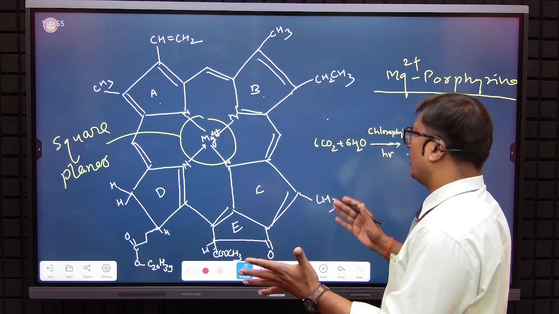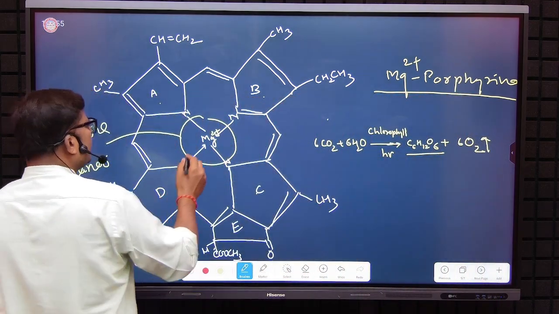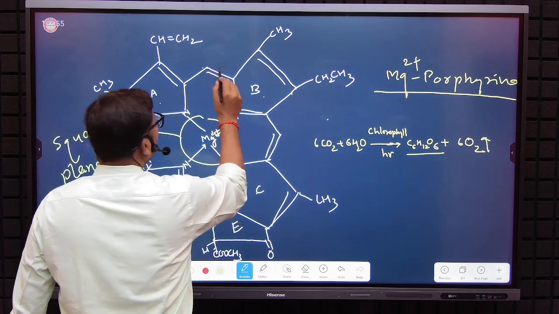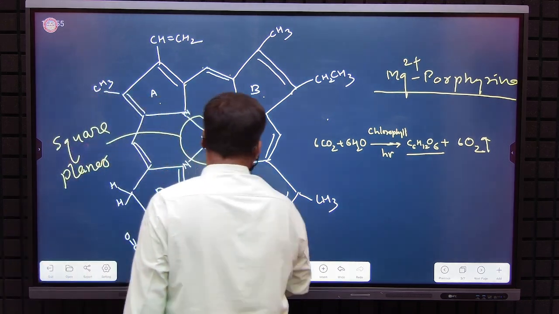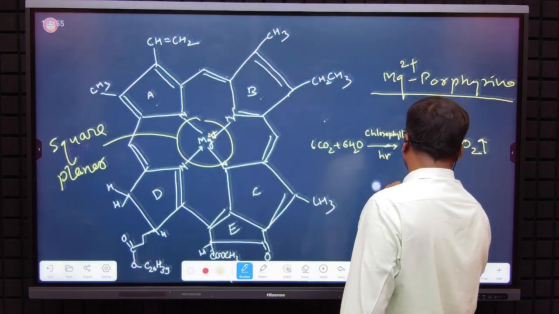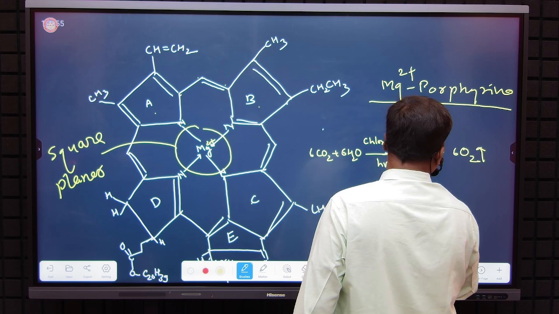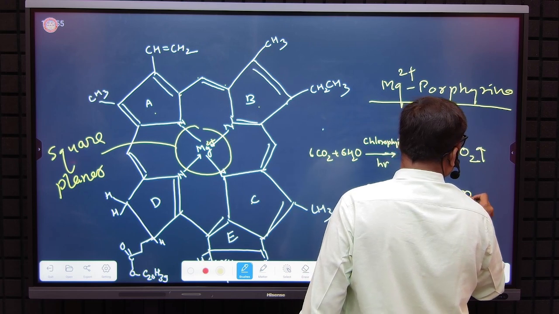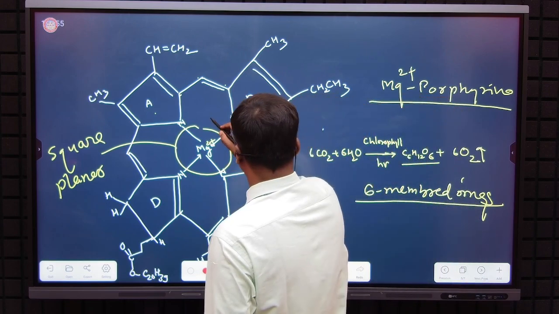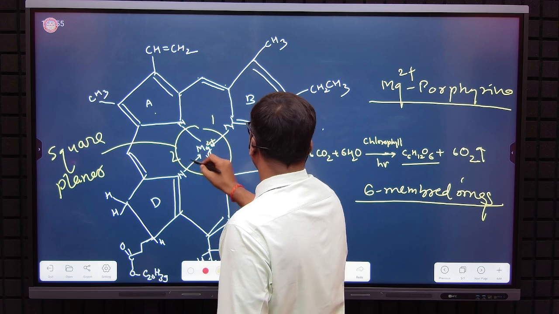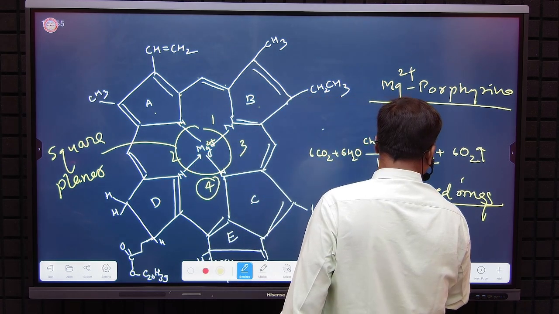And the overall complex formation provides a ring structure, that is 1, 2, 3, 4, 5, 6, 6 membered rings. How many? So that is 1, 2, 3, and 4, 4 rings.